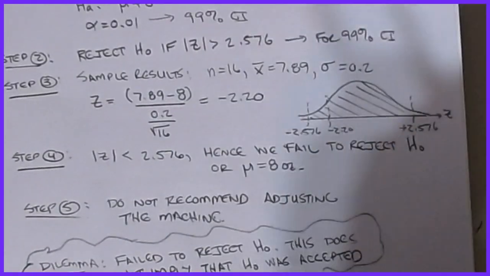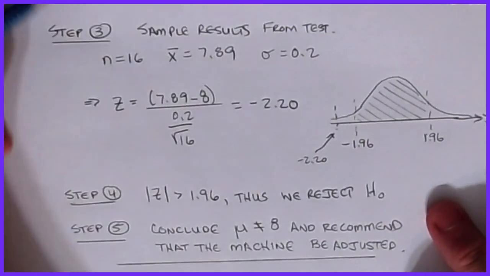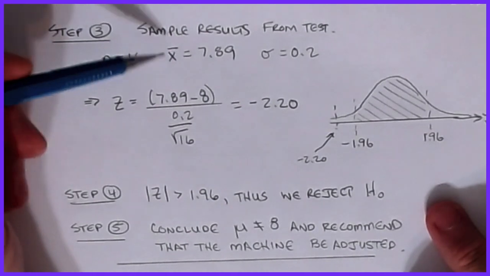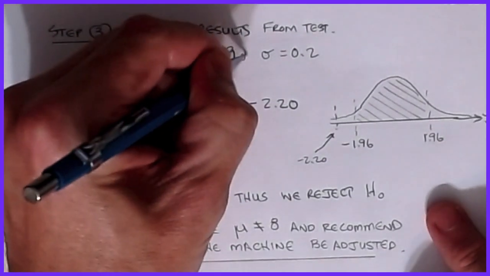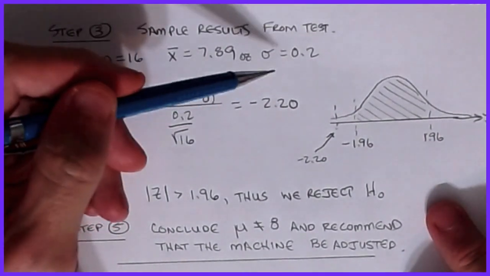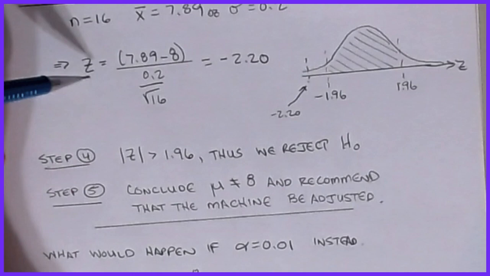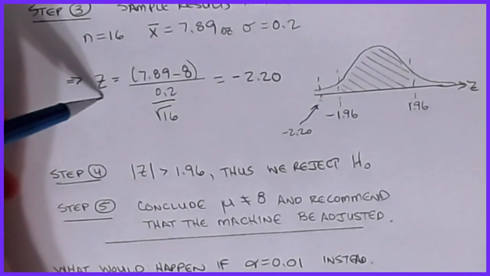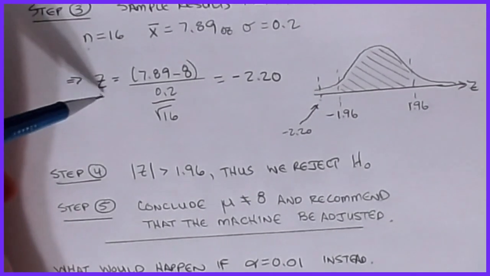All right, so let's apply our sample data. Our sample results from the test: we took 16 samples, with an average weight of 7.89 ounces. Watch your units. And the population standard deviation was 0.2. If I compute my test statistic, again, we're using a z statistic here, even though n is small, because we know that it's normally distributed.